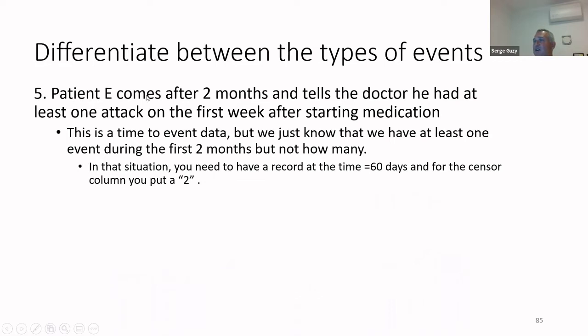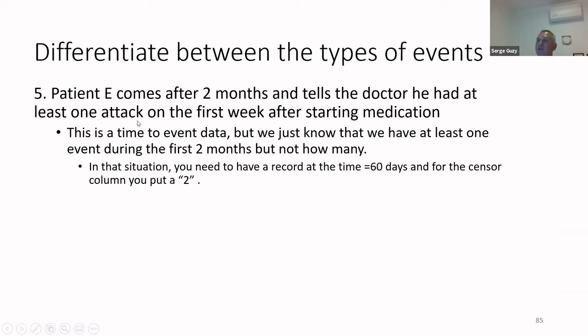Fifth case, patient E comes after 2 months and tells the doctor he had at least 1 attack in the first week after starting medication. In PML, Phoenix and LME, to differentiate from the exact 1 event occurring where we put a 1, here we are going to put a 2, which means you tell the program that you had at least 1 attack.